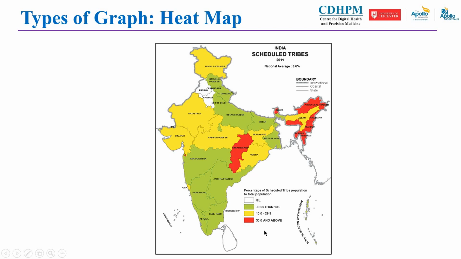So this is the easiest way of reading some variable, where in a heat map the color is always represented for a dependent variable and it is expressed over an independent variable. In this case, the independent variable is your state. Which state of the country is an independent variable, and the population percentage of such scheduled tribe people is the dependent variable.